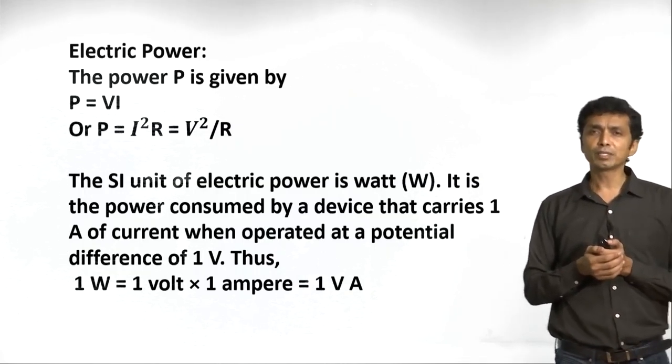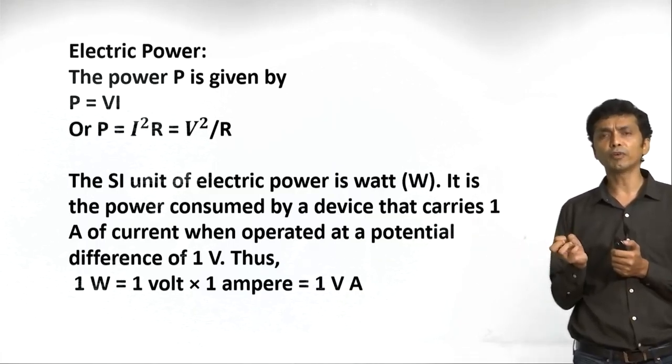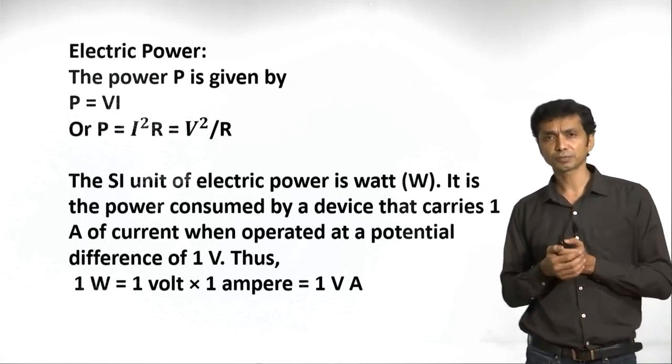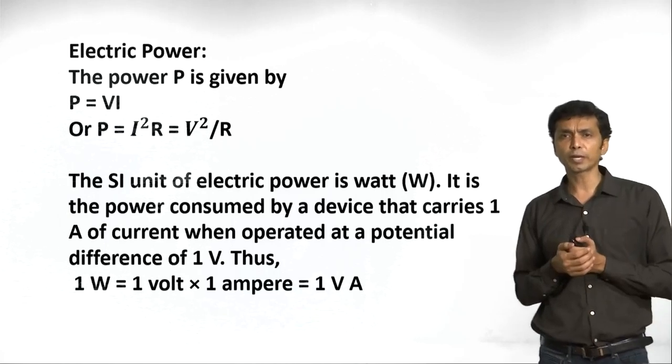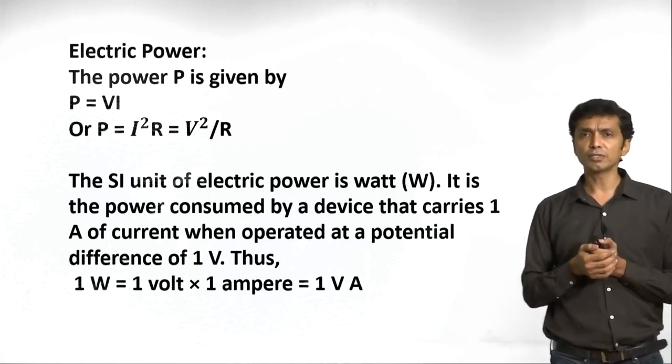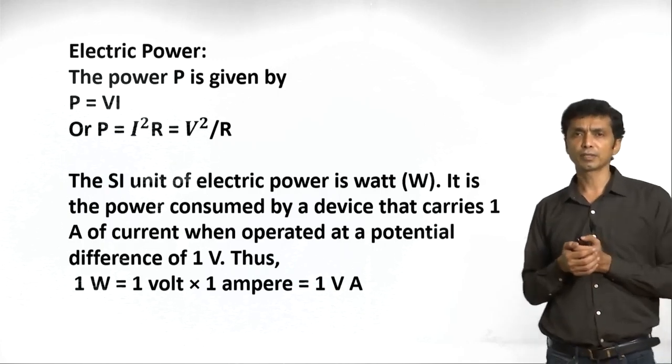So, that means different appliances consume different amounts of power in 1 second. 3000 watt means this is the energy consumed by the device.